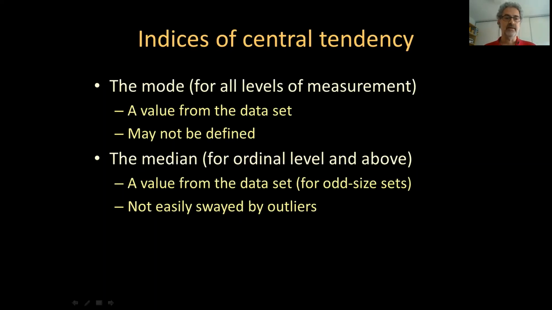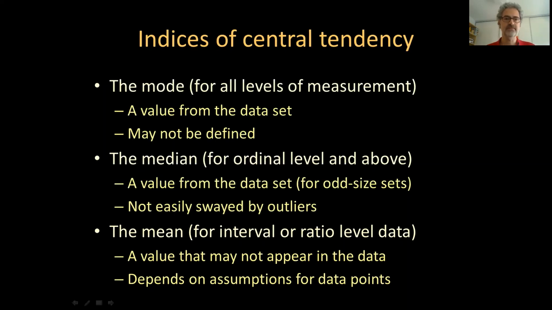A very desirable property of the median is that it's generally stable and it's not easily fooled by having values that are far off due to problems. Values that are distant from the others are called outliers, as they lie outside the distribution of the rest.